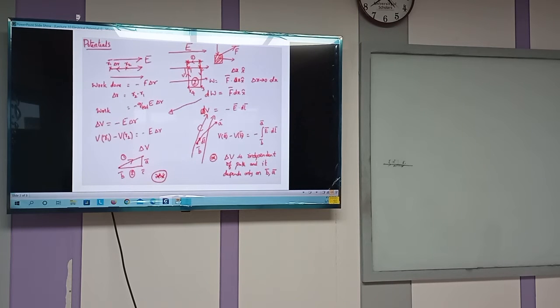So, you have del V equal to minus E times del R.